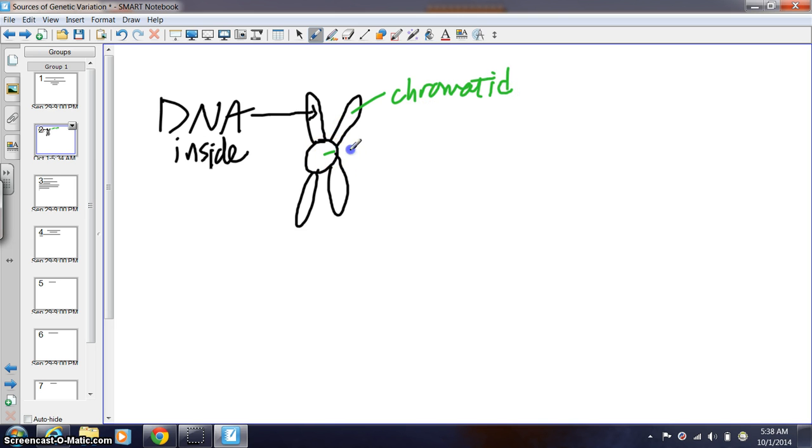And this middle part that holds them together is called the centromere. And the centromere is pretty much a little protein disc that holds it together. When you reference each of these, they are referenced as sister chromatids.